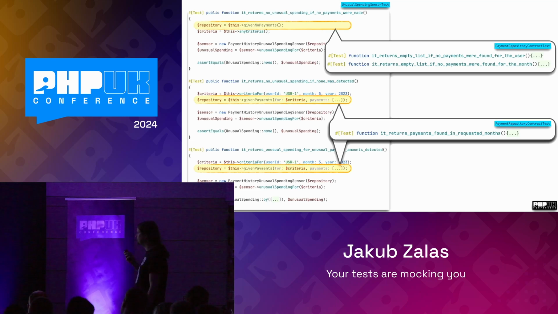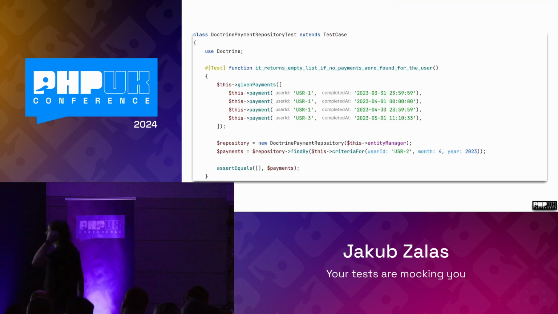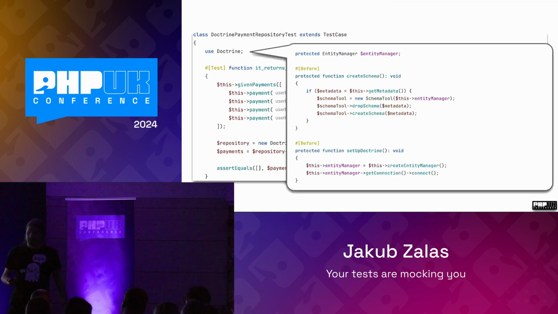For the first of them, I use a bit of custom-made code to bootstrap Doctrine, so to actually gather all the metadata, drop the schema first, create it, and expose the entity manager to me. Because this test will need to hit the database.